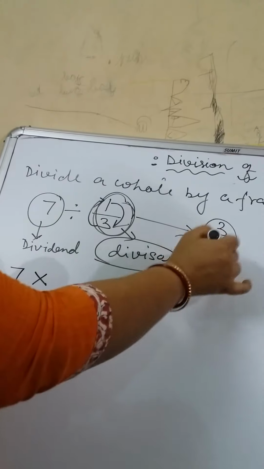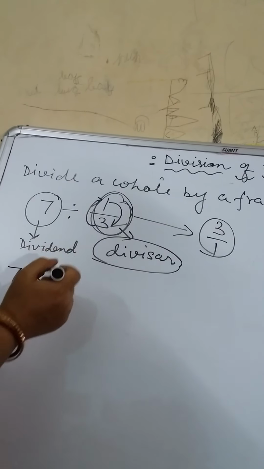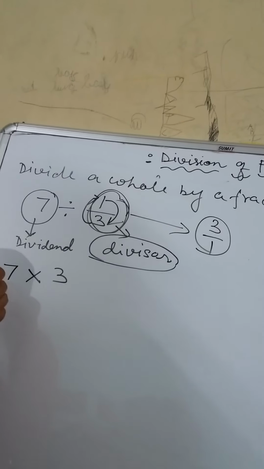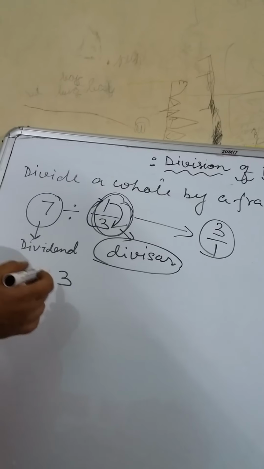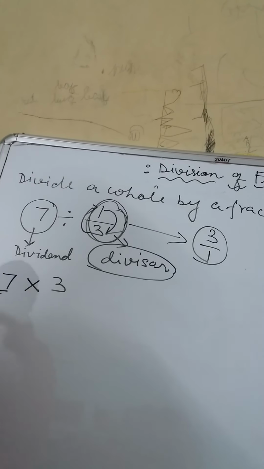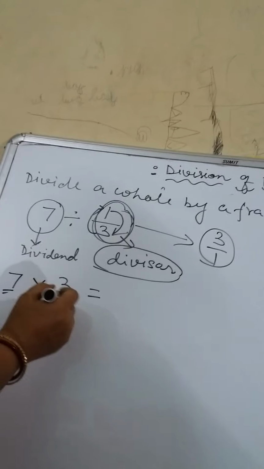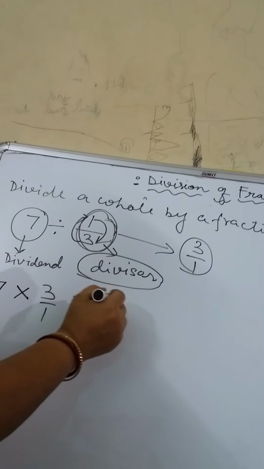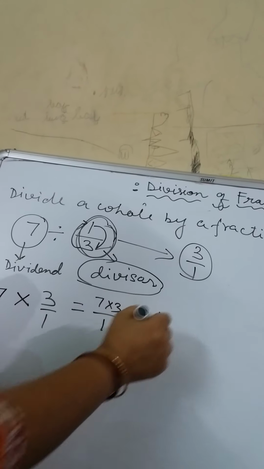So it is just a swap. We just multiply the dividend by the reciprocal of the divisor. So it is 7 into 3 by 1, which is 21.